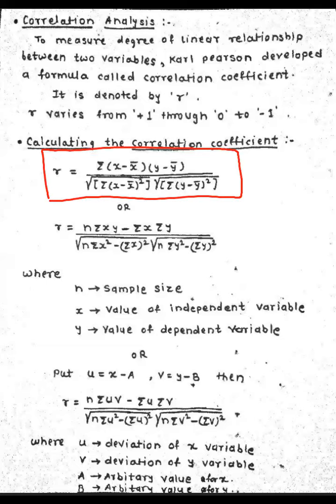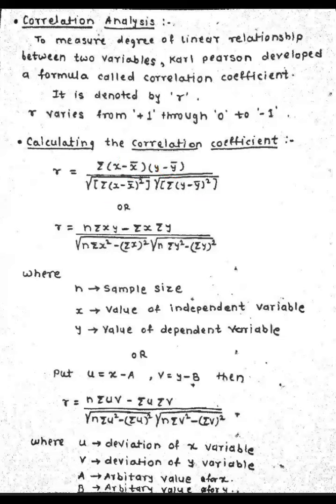We consider two variables x and y, and r will be calculated by this formula: summation of (x minus x bar) into (y minus y bar), divided by the square root of summation (x minus x bar) whole square into summation (y minus y bar) whole square. Students, here x and y are the variables, and x bar and y bar are the mean values of x and y respectively.